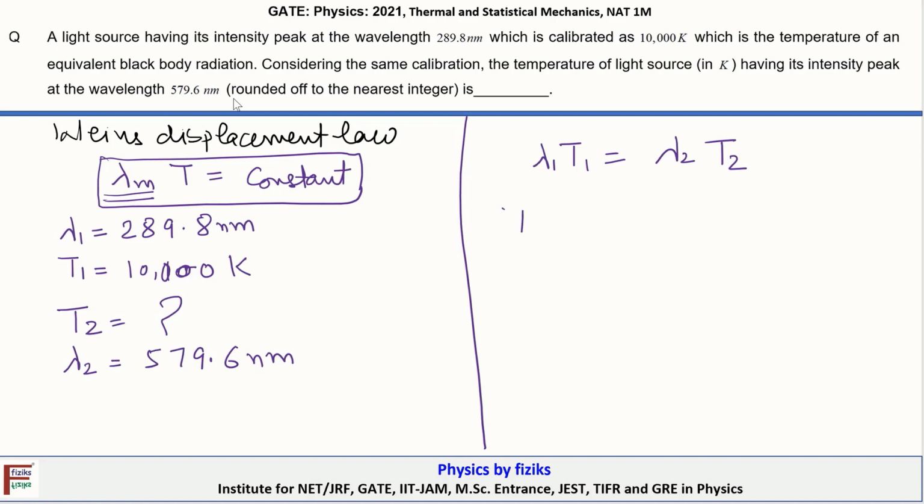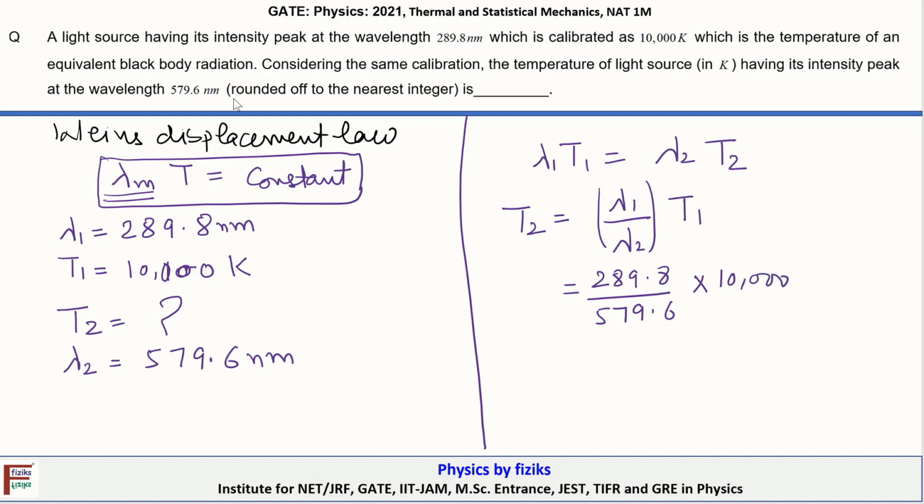So from here we can work out T2, which is equal to lambda 1 divided by lambda 2 multiplied by T1. After substituting the corresponding values, lambda 1 is 289.8 nanometer divided by 579.6 nanometer, and then multiplied by the temperature T1, which is 10,000 Kelvin.